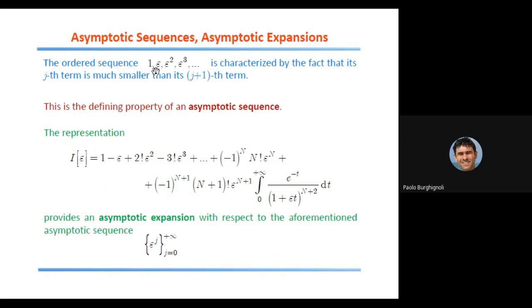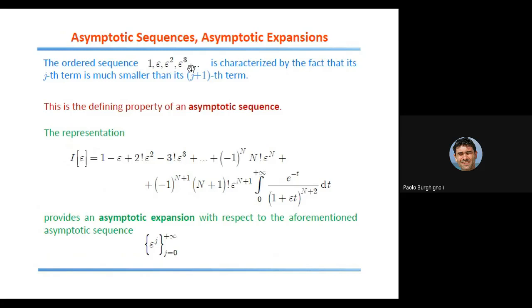Now, the ordered sequence of powers 1, epsilon, epsilon squared, epsilon to the third power, etc., has the property that its (j plus 1)th term is much smaller than its jth term. Here I should switch the j and j plus 1.